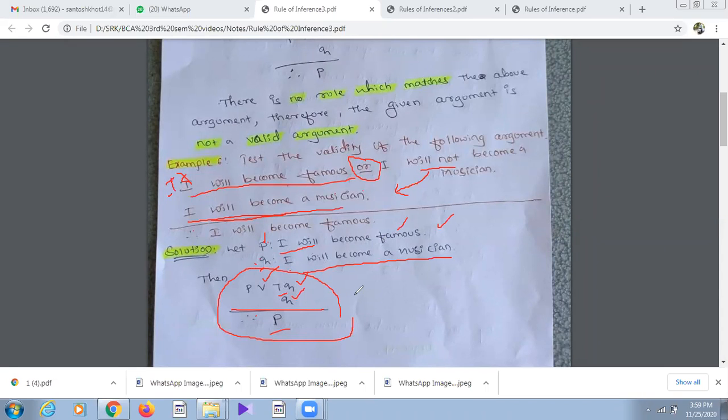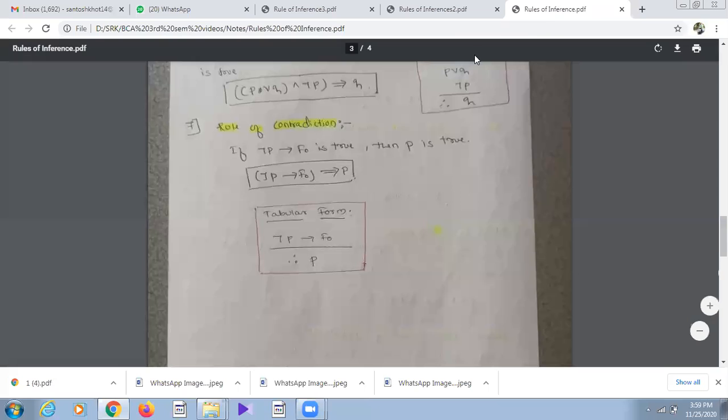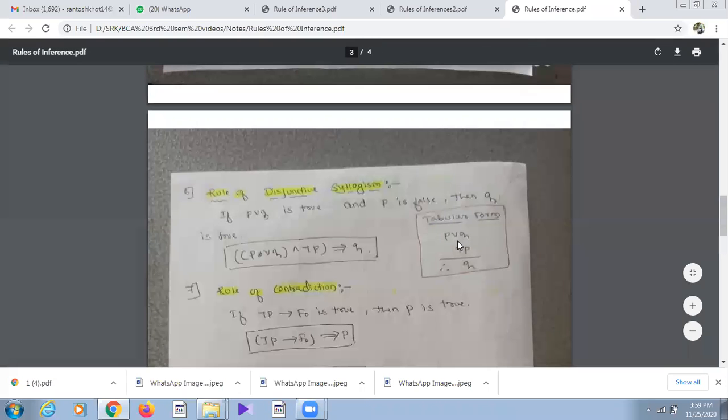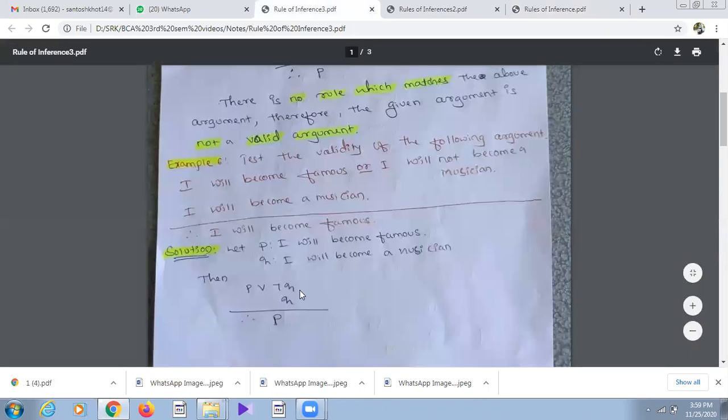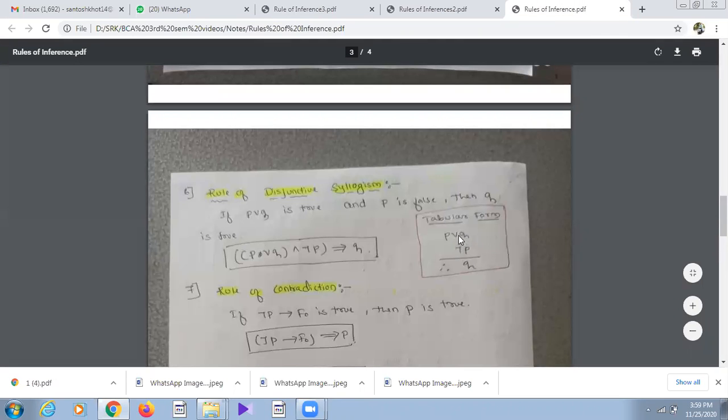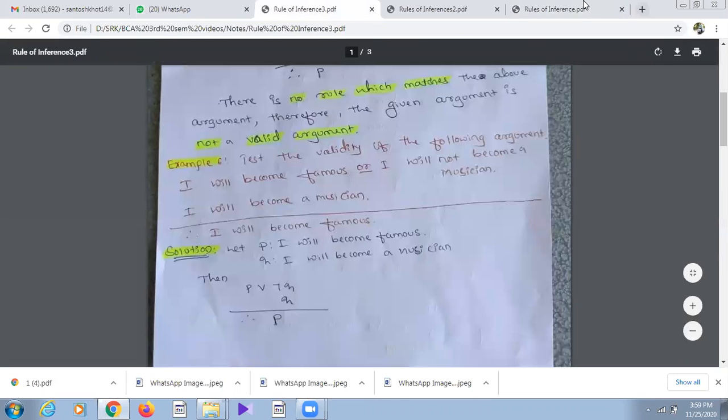Now how to check whether any rules are applying to P or negation Q, and Q, therefore P. Is there any rule applying? Let us try. Here we have P or negation Q. In this rule, negation is not there, but here it is, so we should not apply it.